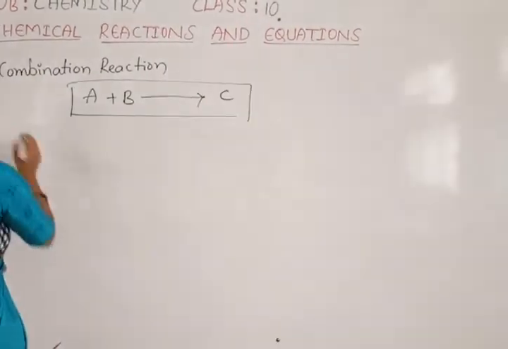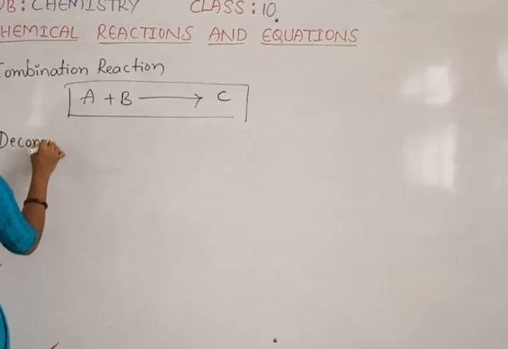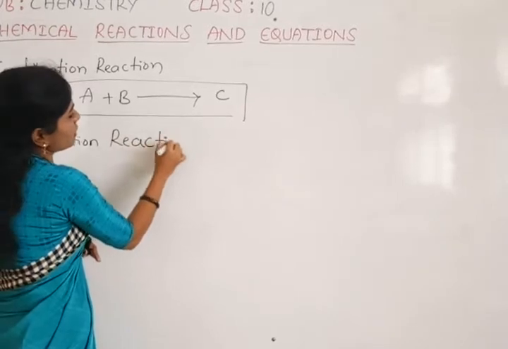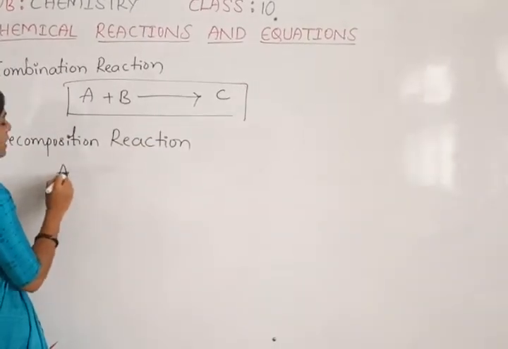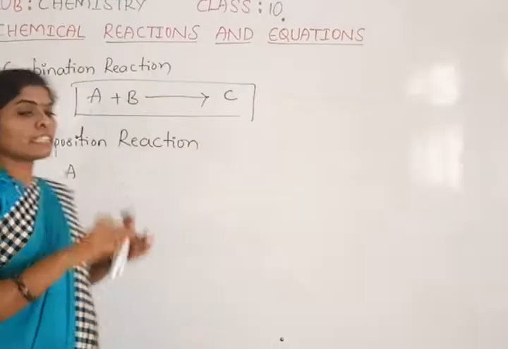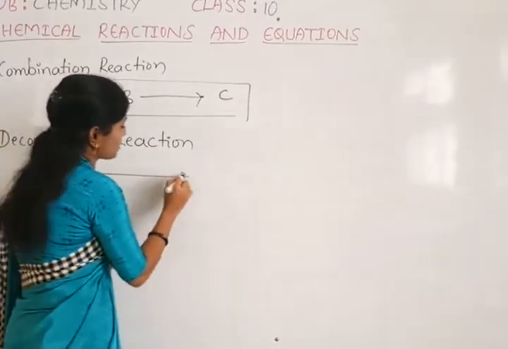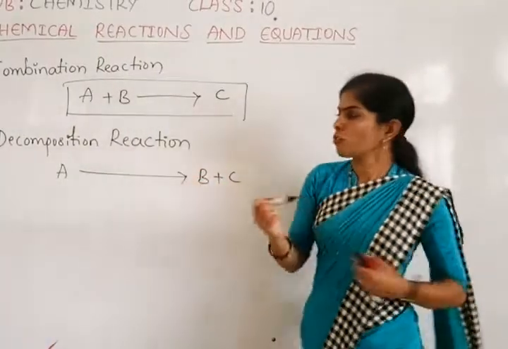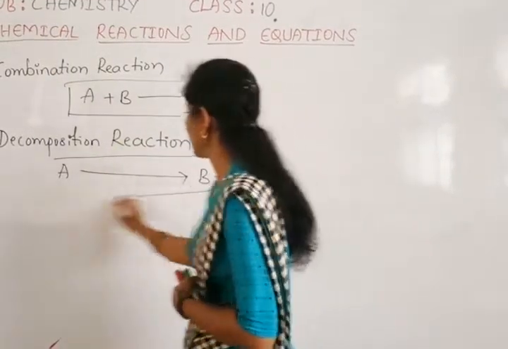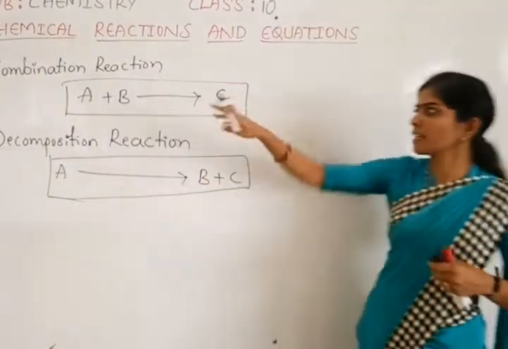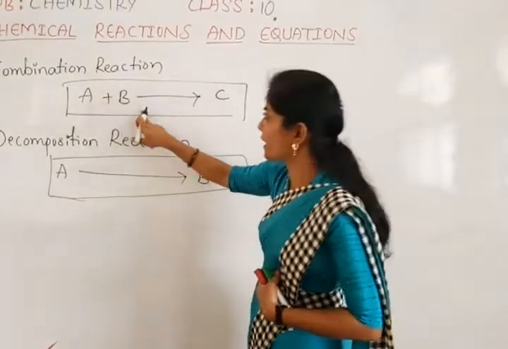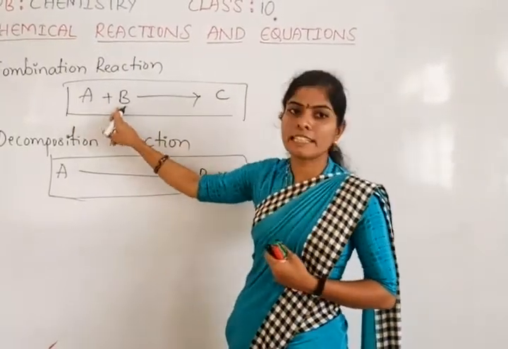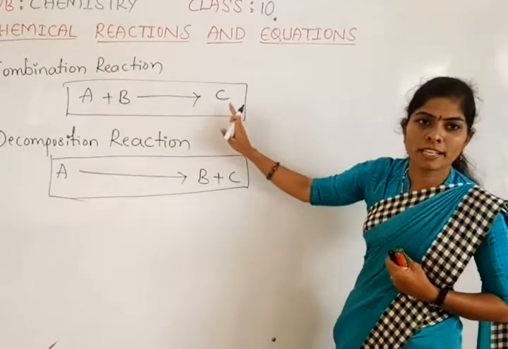And for the decomposition reaction, how can we write the general equation? Here only a single reactant can react to form 2 or more products. So for the combination reaction the general equation is A plus B gives rise to C. A and B here are the reactants and C is the product.